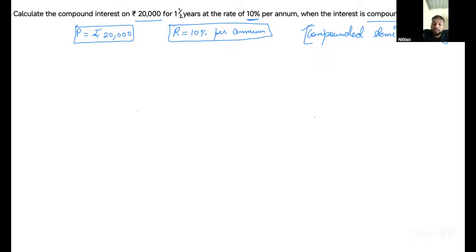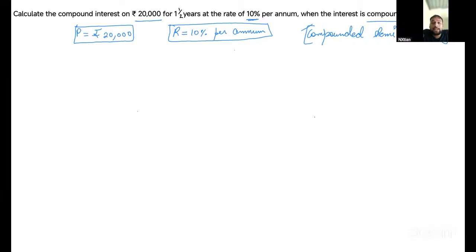Now, Jashron, what does compounded semi-annually basically mean? It means that after 6 months, interest will be applied. Understood? After 6 months, what will apply? Interest will apply.